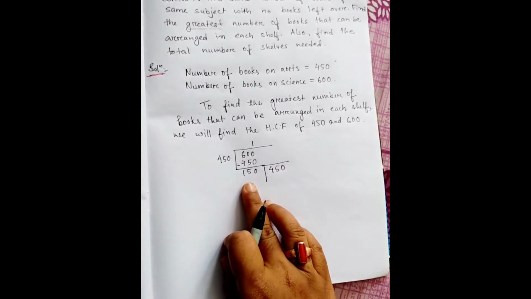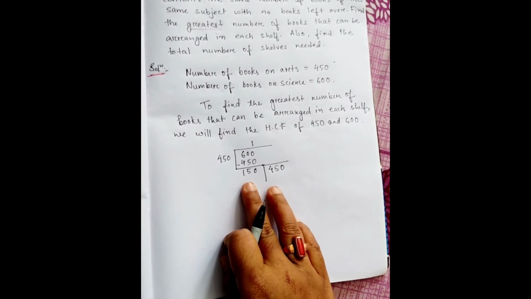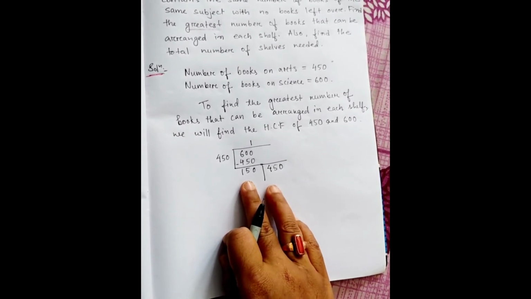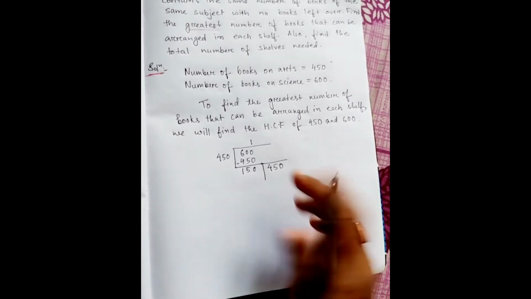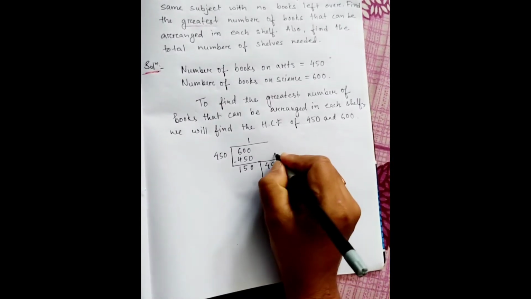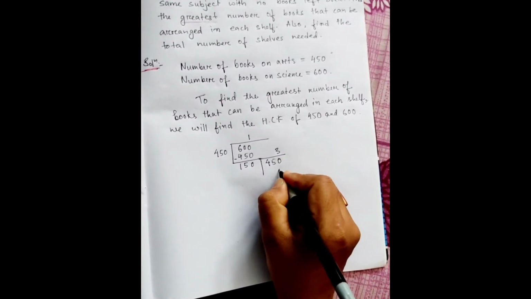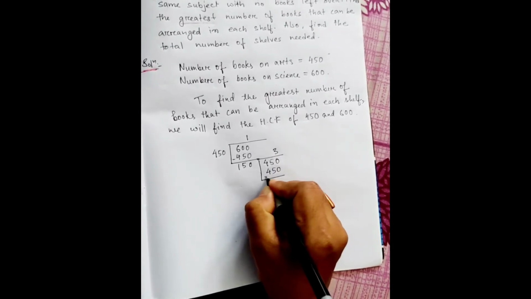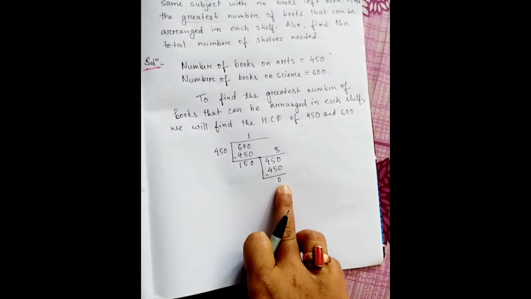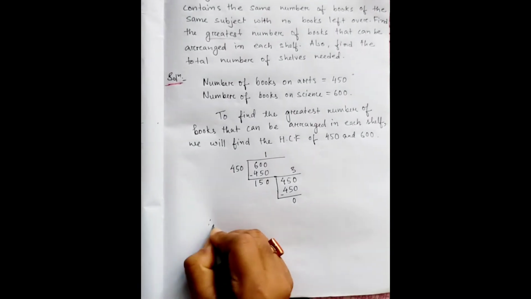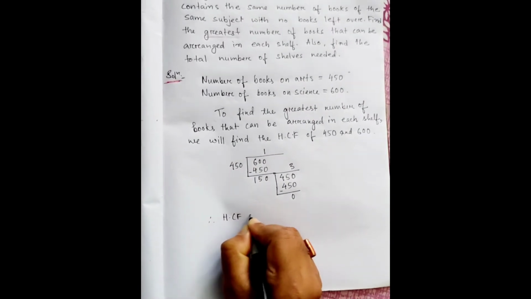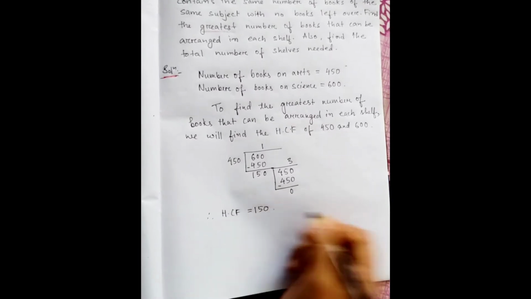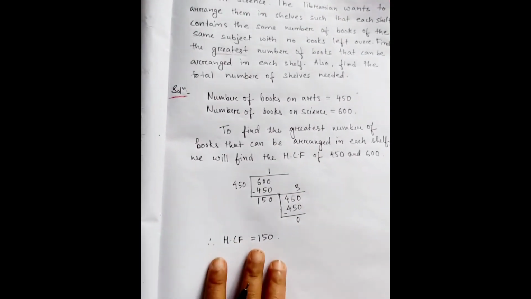As you know, 150 times 2 will be 300. Then if you do 3 times, how much will you get? 150 into 3 you will get 450. So you are getting remainder 0. That means therefore the HCF is 150.